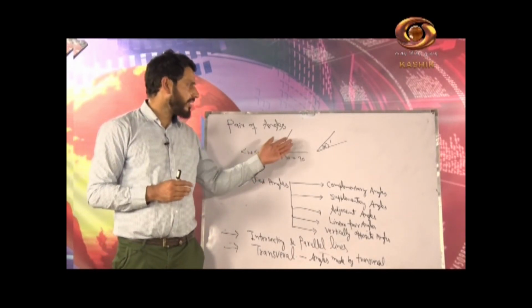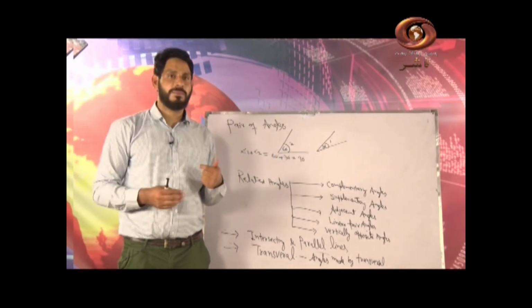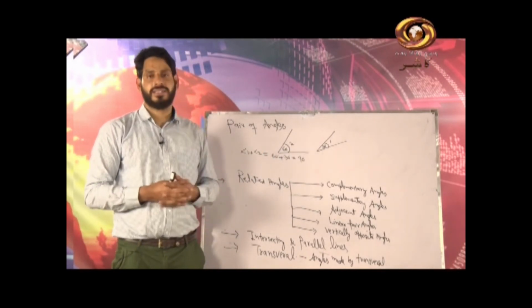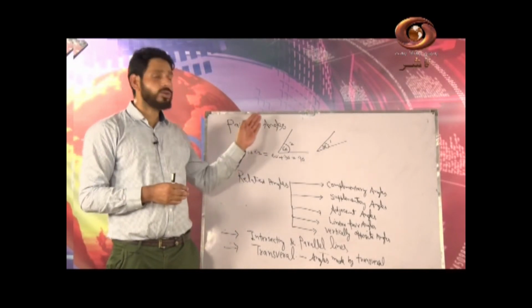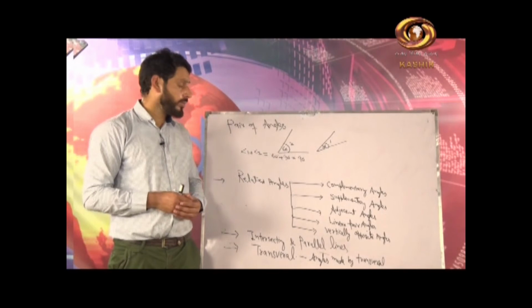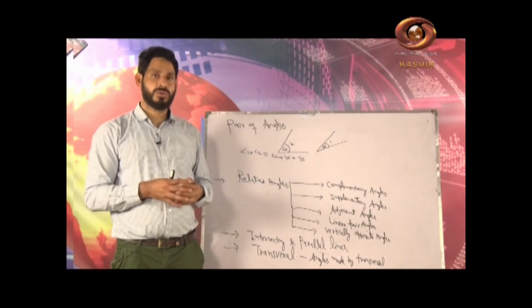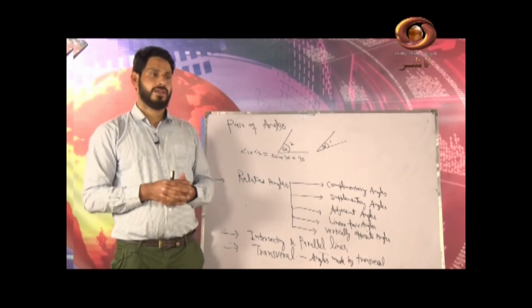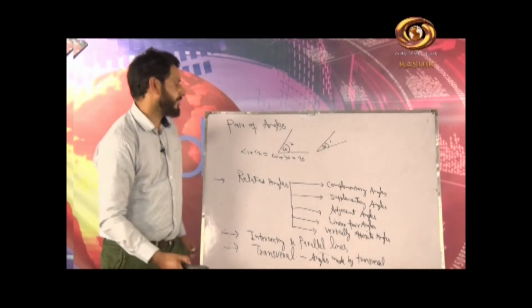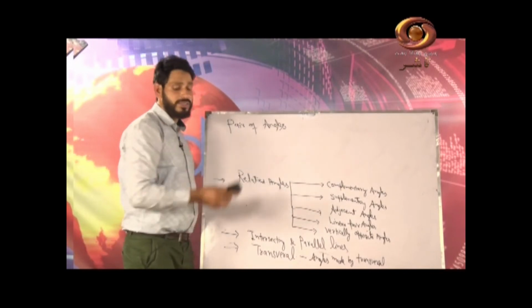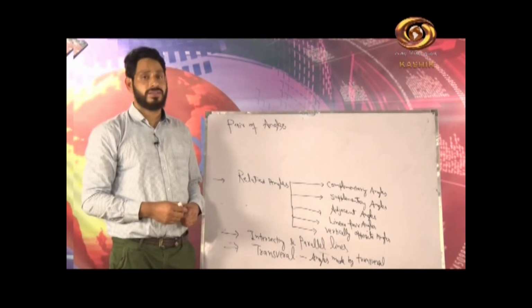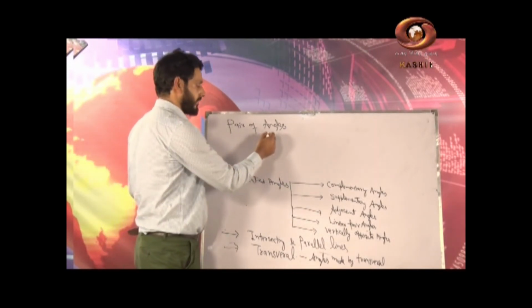So we say if two angles sum up to 90, they are complementary angles, and angle 1 is said to be the complement of angle 2 and vice versa, that is, angle 2 is the complement of angle 1. One thing must not be confused here: these angles need not be separate, they can be at one place too, like this one.